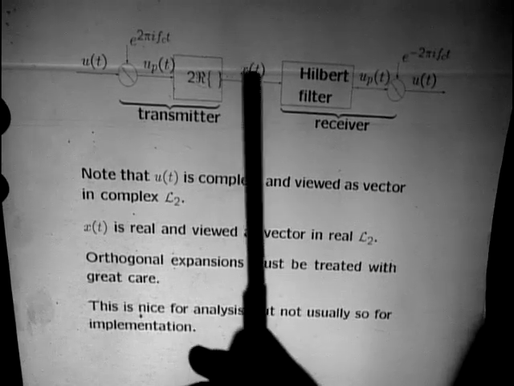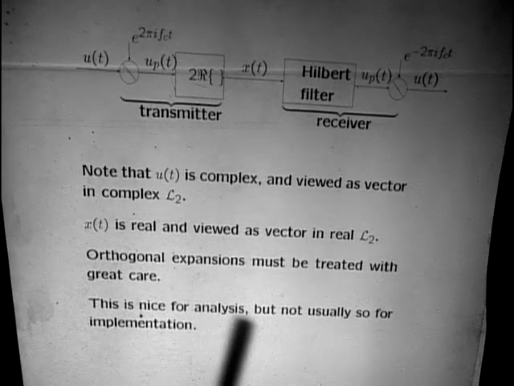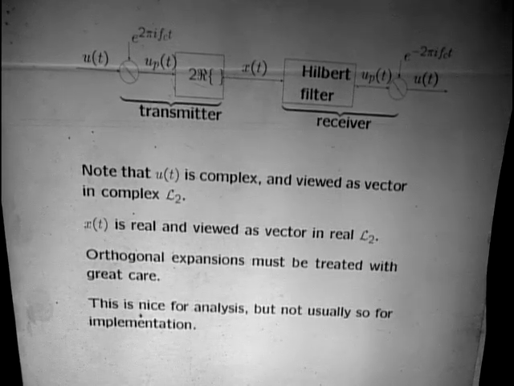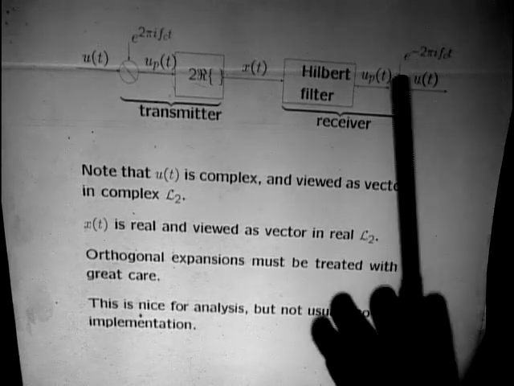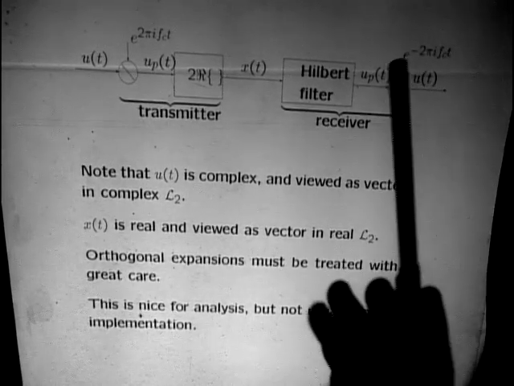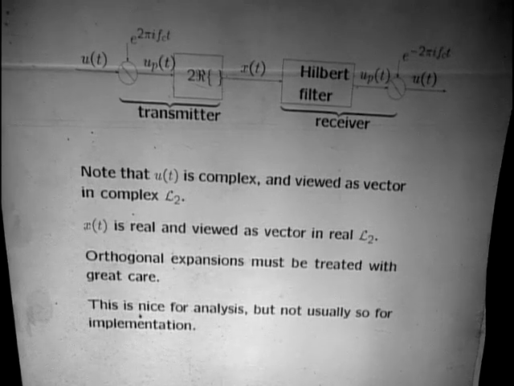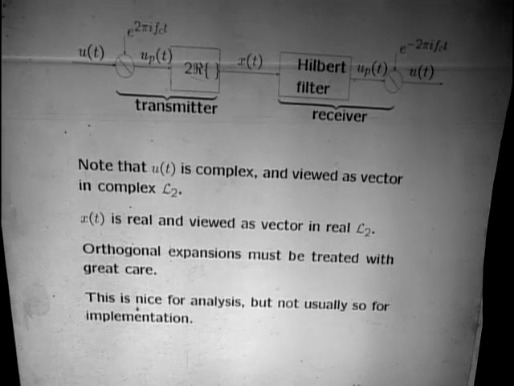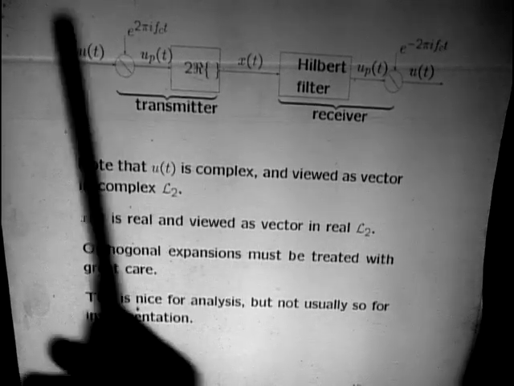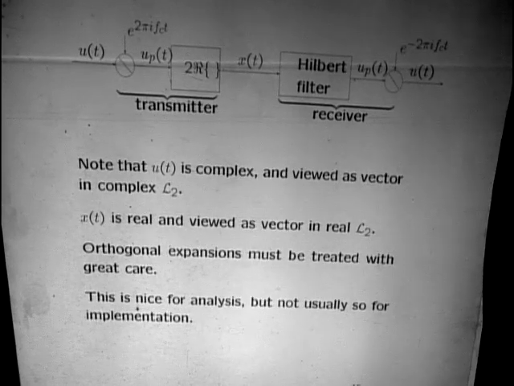This passband waveform, you then pass it through this Hilbert filter, which just chops off the negative frequency part of it, gives you a complex waveform again. You multiply by e to the minus 2 pi i f_c t, which takes this positive frequency waveform and shifts it back down to baseband. So this is a nice convenient way of thinking about how you go from baseband up to passband and passband down to baseband again.